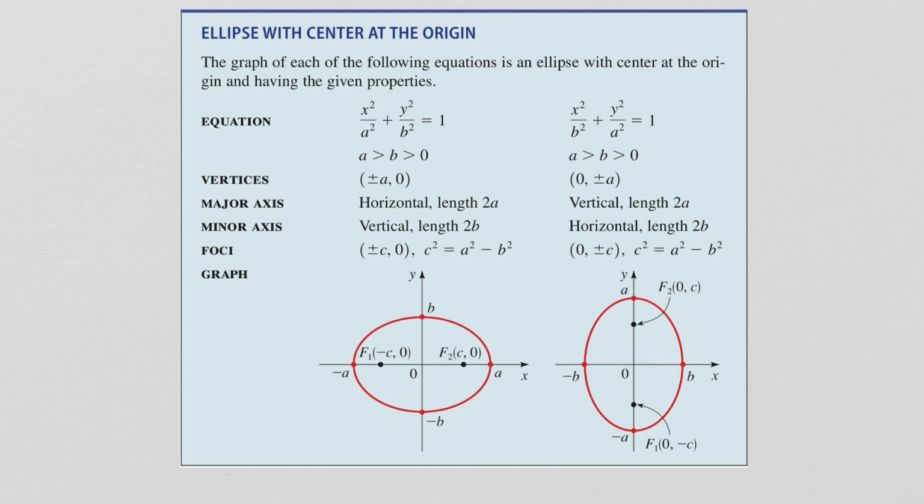Now, the foci are located here and here inside of the ellipse, or here and here. To locate the foci, you need the distance from the center to that point. And that distance is a number that we call c, and c is equal to the square root of a squared minus b squared in both cases. Let's go ahead and take a look at an example.